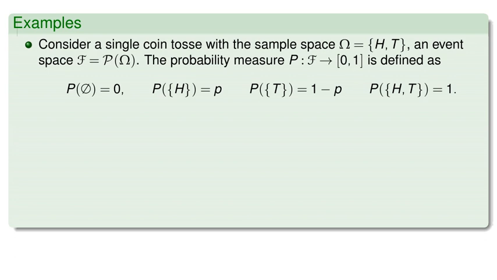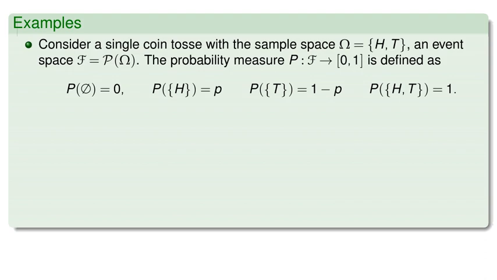Let's look at a couple of examples of probability measures. First, consider a single coin toss with sample space omega equals the set {H, T} and event space script F equals script P of omega.